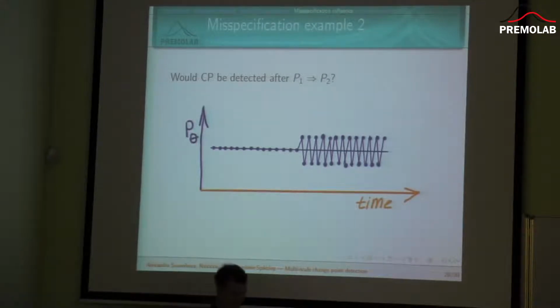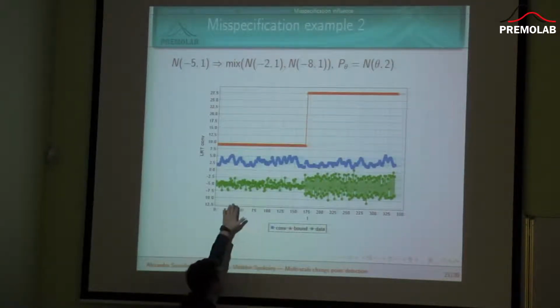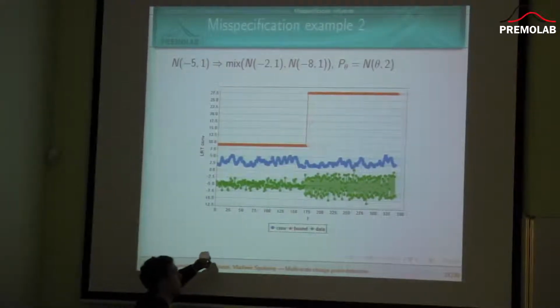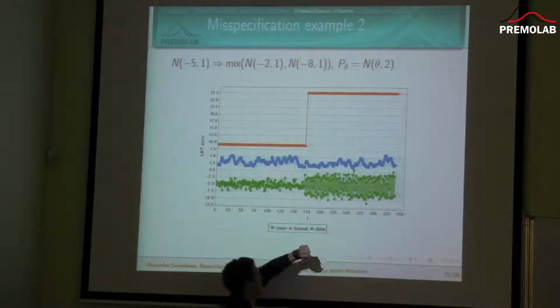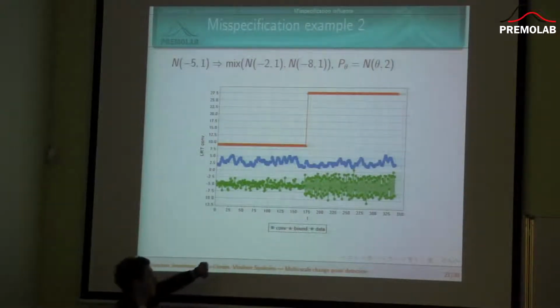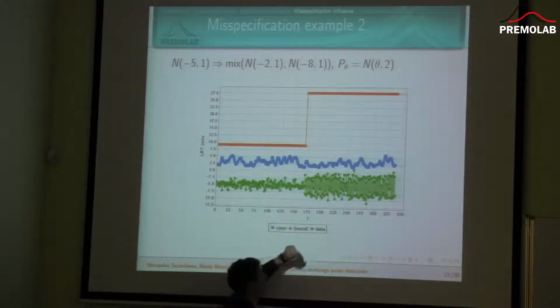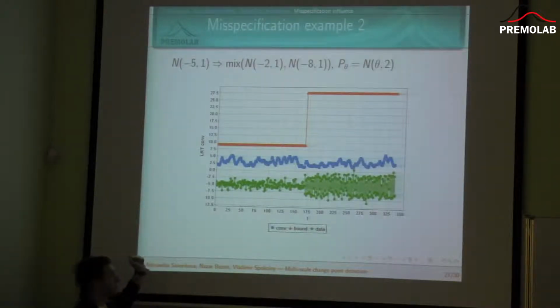Okay, let's look at a similar plot. Here I keep the distribution, which is normal with fixed mean and variance, and this distribution is a mix of two normal distributions, but mixed mean and variance is constant.